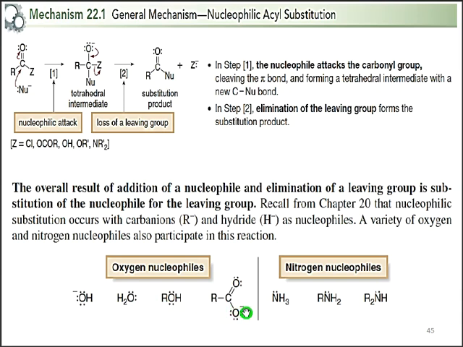Carboxylate anion, a nucleophile with a negative charge. Look at the ammonia, also the primary amine and secondary amine, all of these are neutral nucleophiles. And be careful, the nucleophile must have a negative charge, or there is a lone pair of electrons.